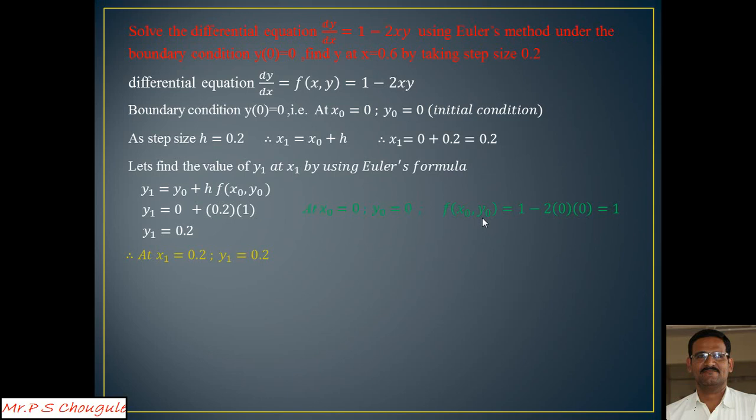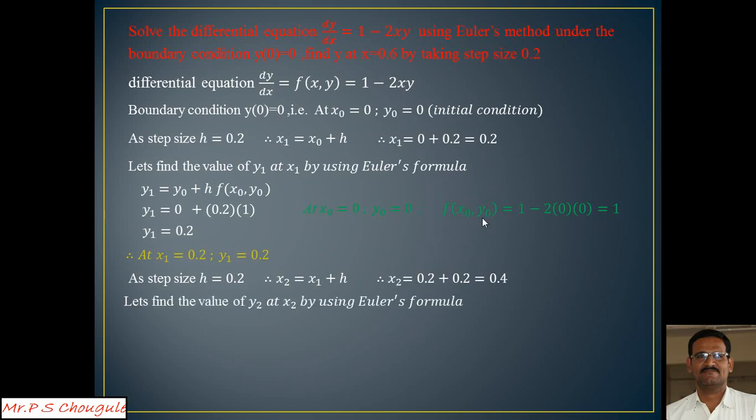So by using the x1 and y1 values, we need to find the value of x2. Since the step size is 0.2, x2 will be 0.4. Now by writing Euler's formula for y2, which is equal to y1, the previous value of y, plus h into the function of the previous values of x and y, meaning x1 and y1.